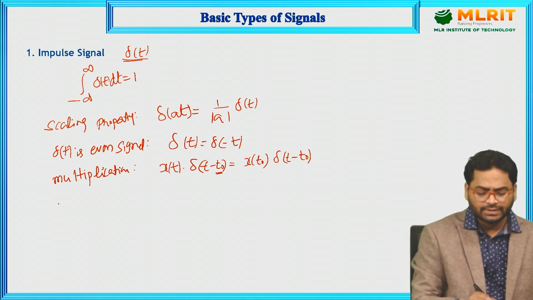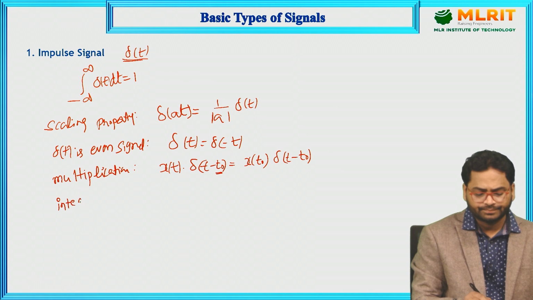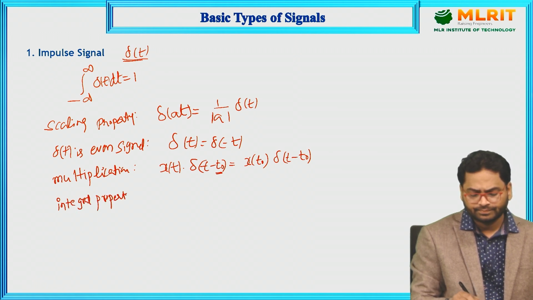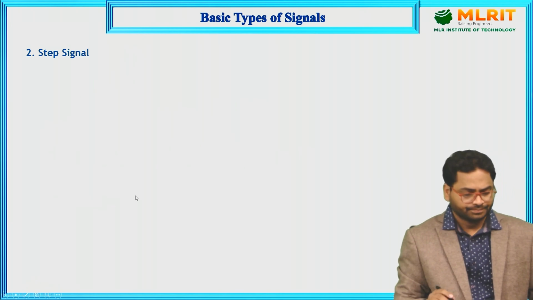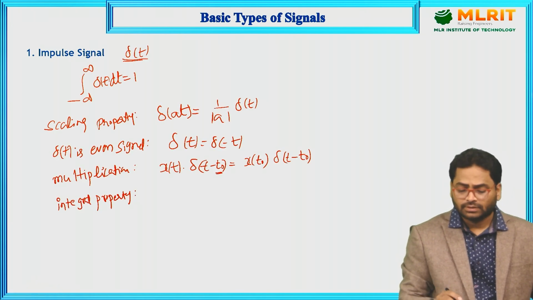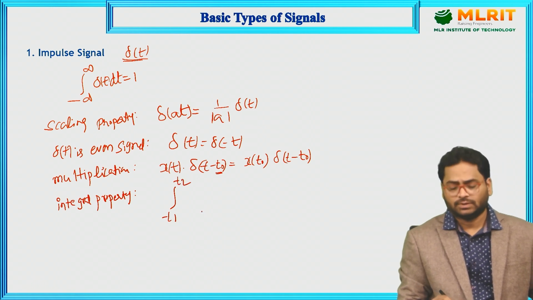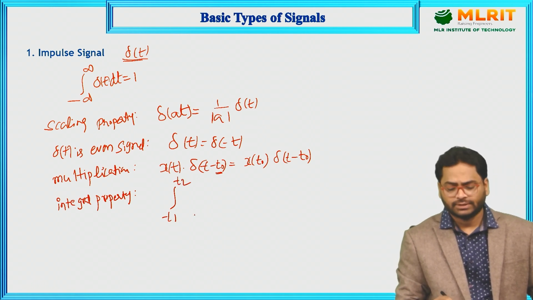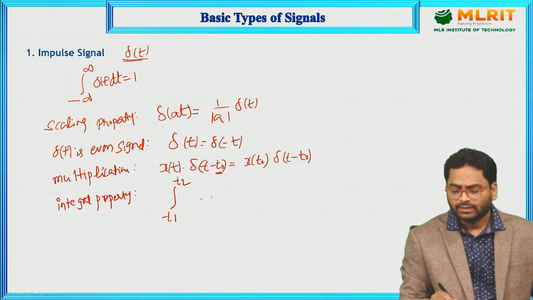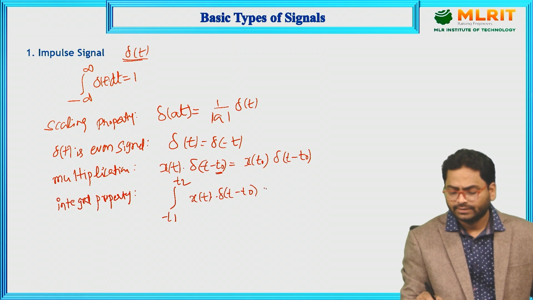One more is the integral property. Let us take the integral from t1 to t2, two time limits. In between, x of t is multiplied by del of t minus t naught dt.